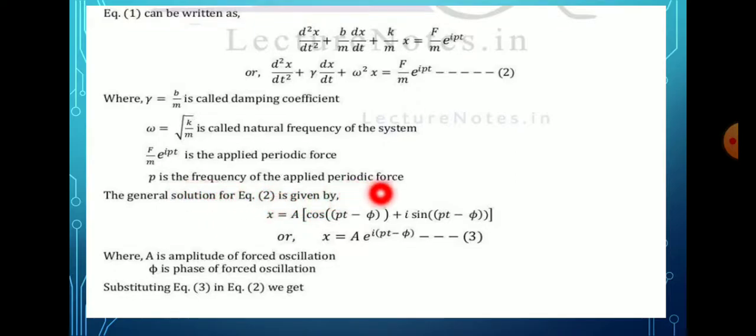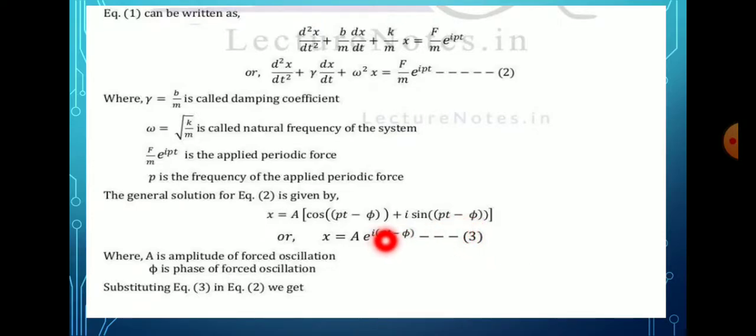In general, for equation 2 we write x equal to a cos(pt minus phi) plus i sin(pt minus phi).